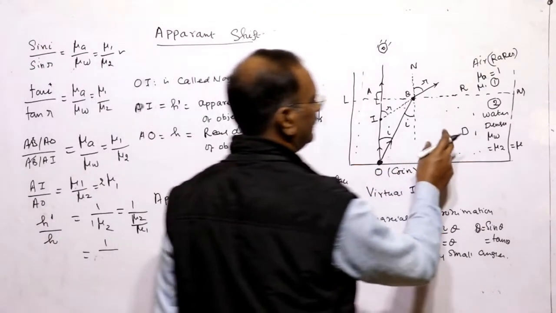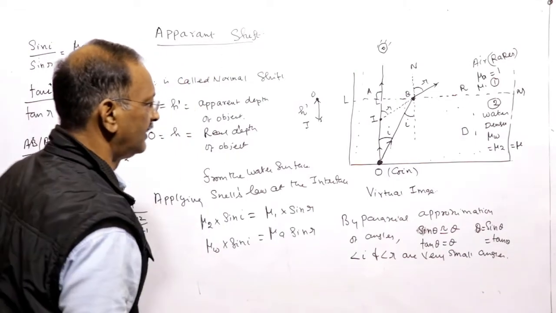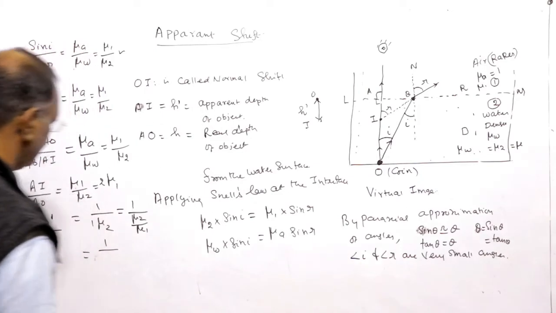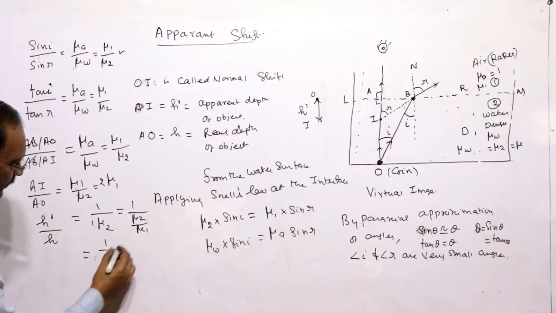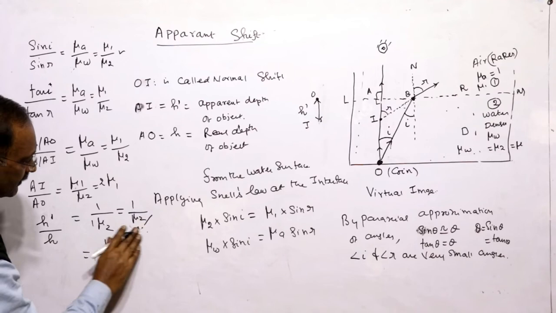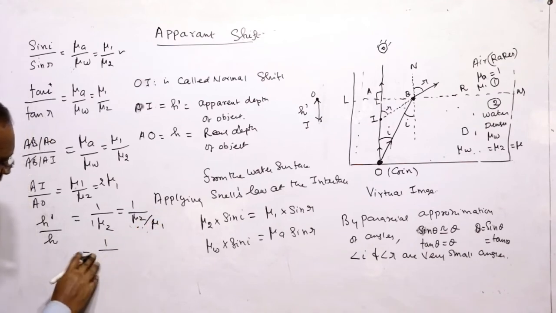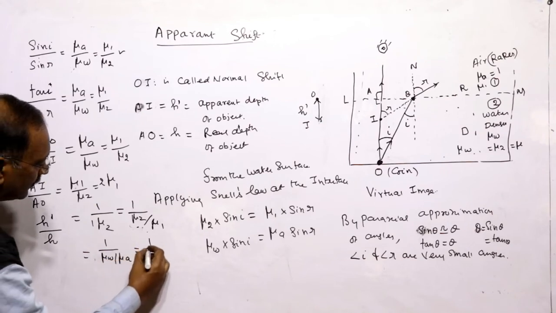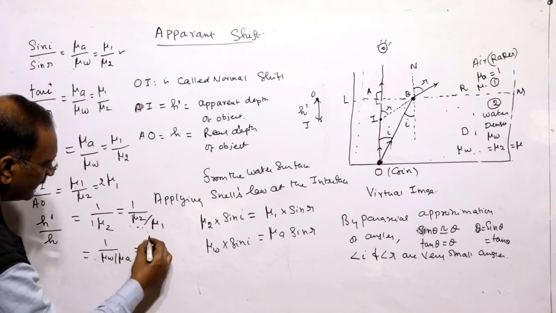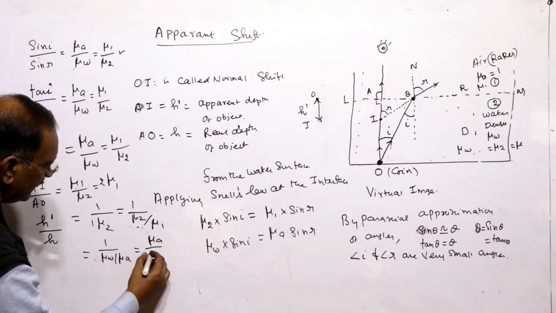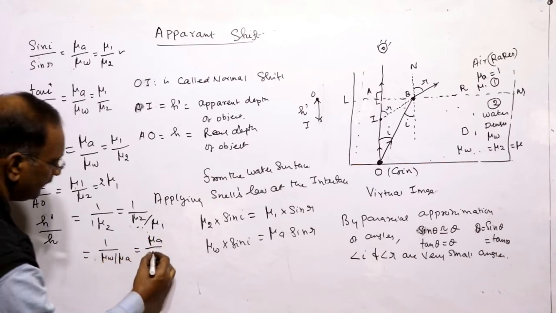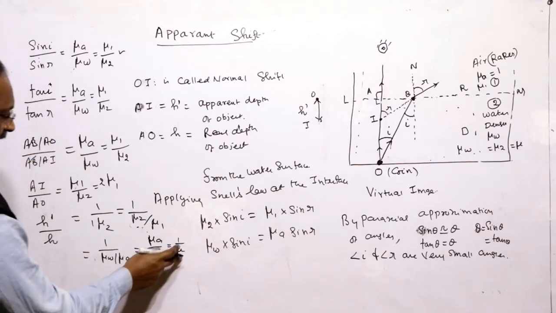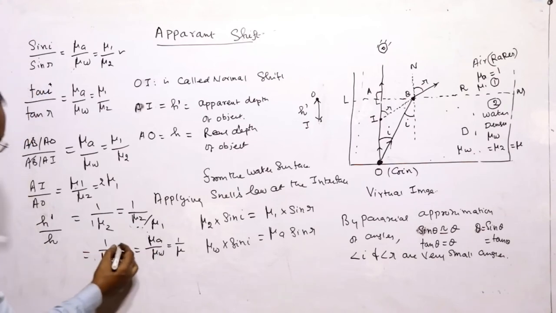Mu2 is the refractive index of this medium, which is nothing but the refractive index of water, which we call mu. So mu2, the refractive index of water by the refractive index of air, is equal to mu.